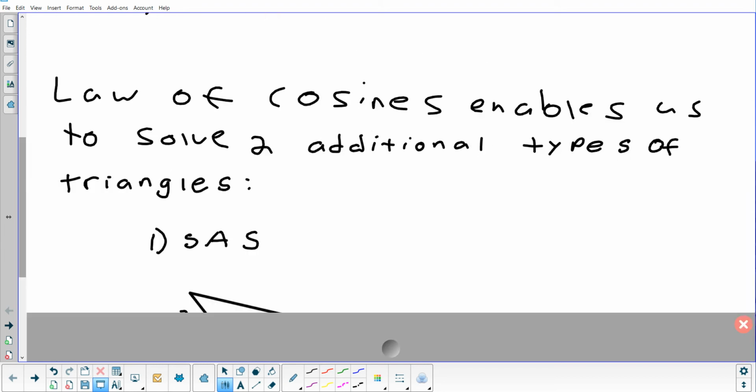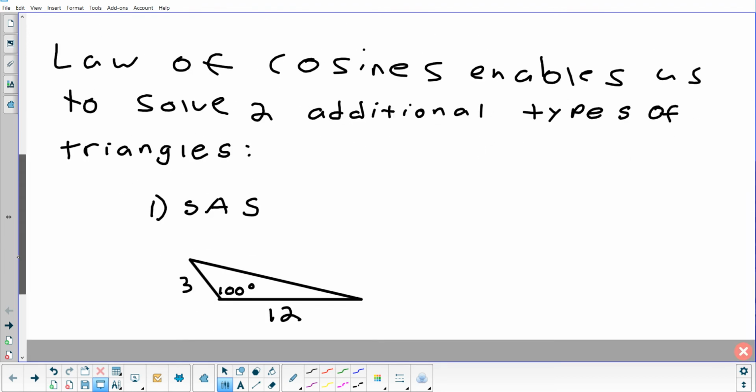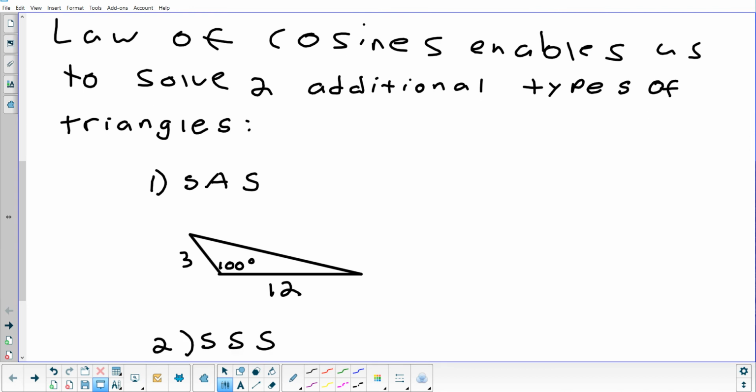So the 2 additional types of triangles are side angle side. That's where you know 2 sides and an angle, but the angle that you know specifically is where the 2 sides meet. We've never had that before. If you set up a table for this kind of information, it would look like this.